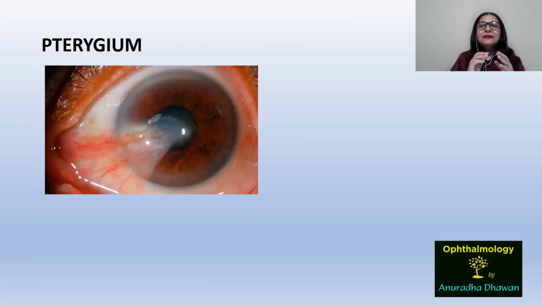Pterygium we know is a type of elastotic hyperplastic degeneration in which a triangular fold of conjunctiva covers the cornea. And Stocker's line, another question: Stocker's line, an iron pigmentation line, can be seen in front of the head of the pterygium. The most common site of pterygium is the nasal side, as you are looking at this picture. So pterygium, easy to identify.